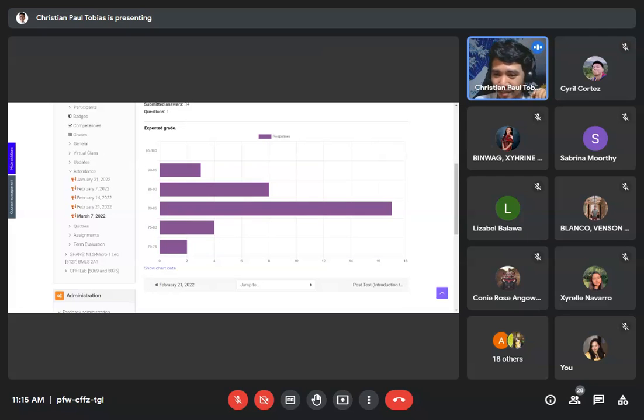Hindi porke Section A, mas matalino. So, sana wala na yung thinking na gano'n. Ako Section B ako noon. Pero kita nyo naman, okay naman. Wala naman akong inulit na subject. Si Sir Justin, Sir Argyle, Sir Giles, Section A sila nun. So, yeah, I think hindi kaso ang section.